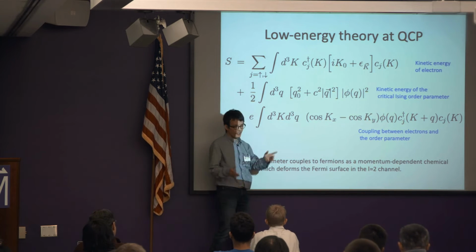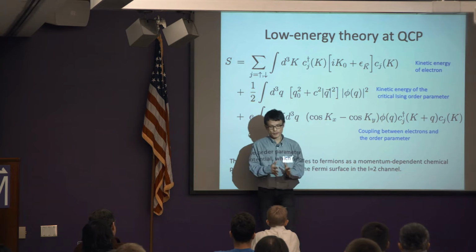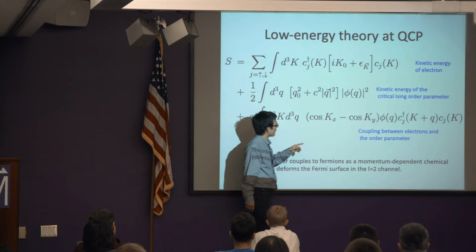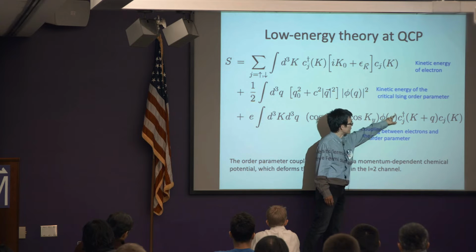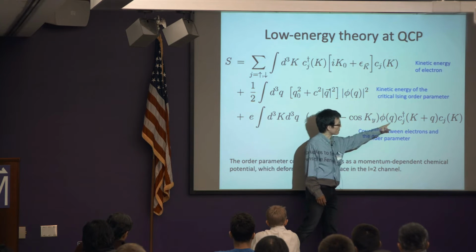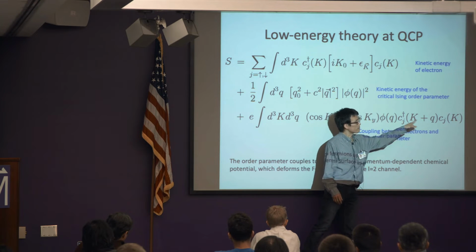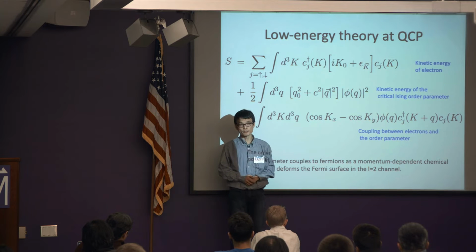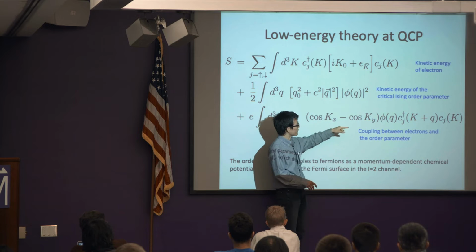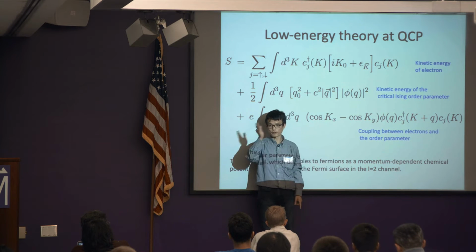So suppose we are in the ordered phase where the order parameter is condensed at q equals 0, say it's positive. Then in that case, this last term behaves like a k-dependent chemical potential for electron, right? It's diagonal in momentum space. And the sign of that k-dependent chemical potential depends on the direction around the Fermi surface.